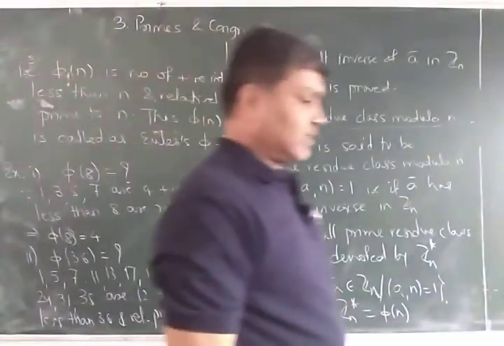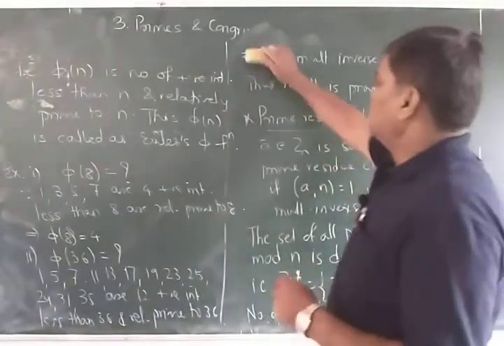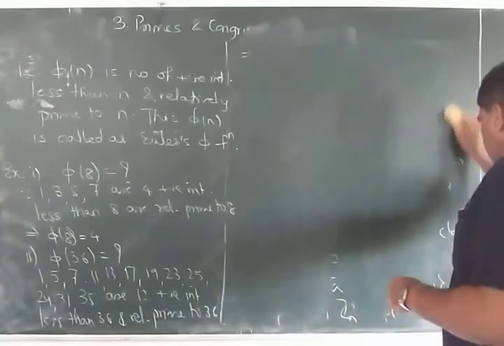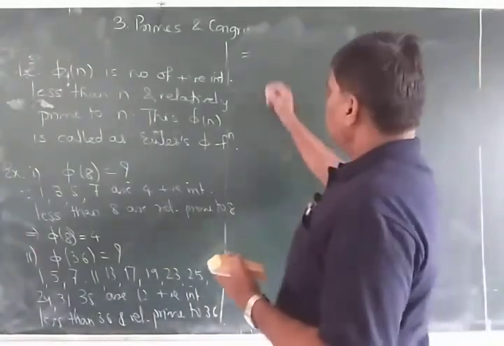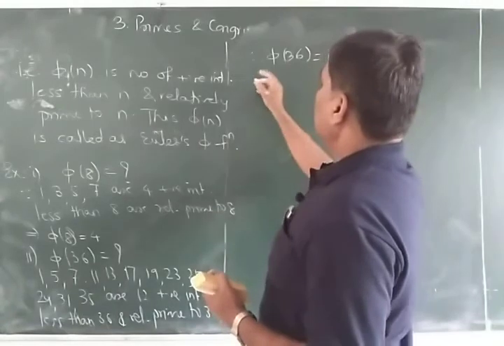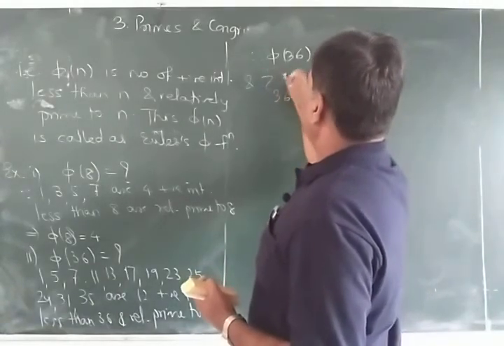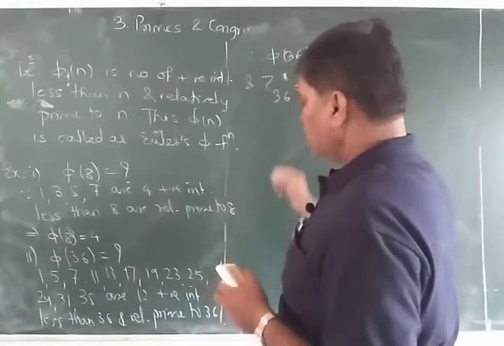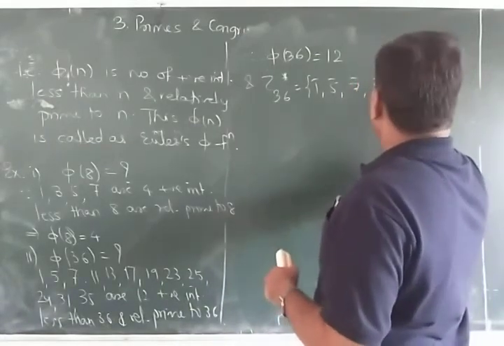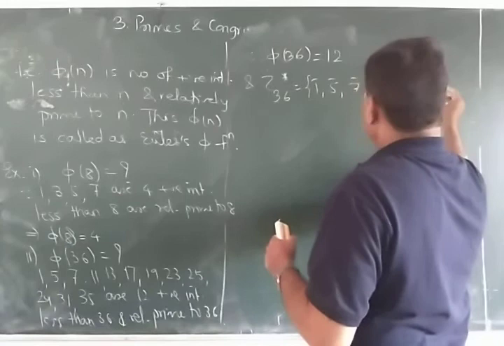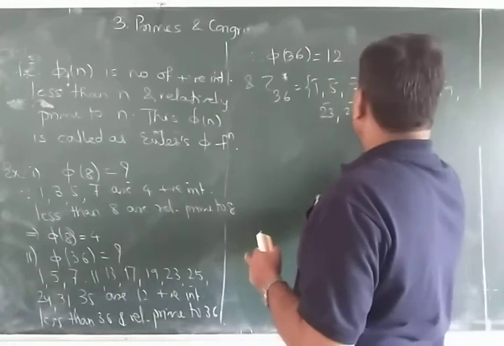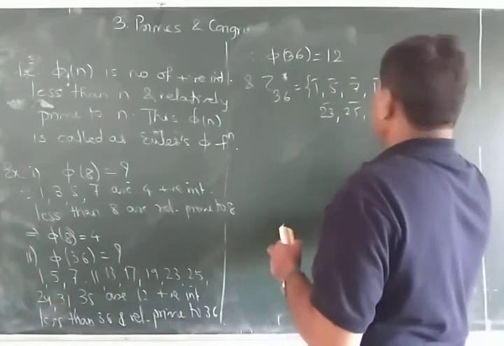Therefore, phi of 36 is equal to 12. And Z36 star is equal to 1 bar, 5 bar, 7 bar, 11 bar, 13, 17, 19, 23, 25, 29, 31 and 35.